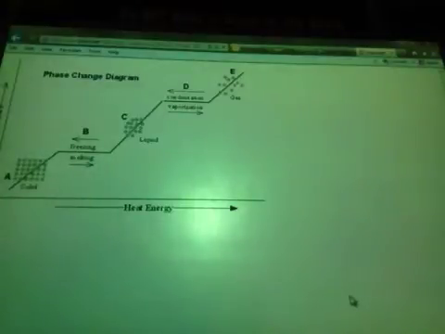So when phase changes happen, the temperature stays the same. It remains constant. And that's because that energy isn't going into making the particles necessarily move faster, giving them a higher kinetic energy. Instead, that energy is going into breaking or overcoming those intermolecular attractions.